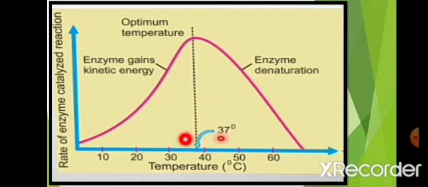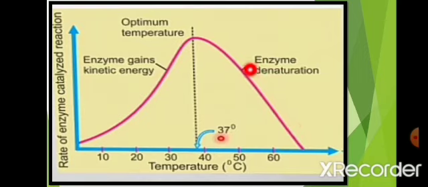Optimum temperature of human enzymes is 37 degrees Celsius. A continued increase in temperature results in a sharp decrease in activity of an enzyme as the enzyme's active sites are denatured.